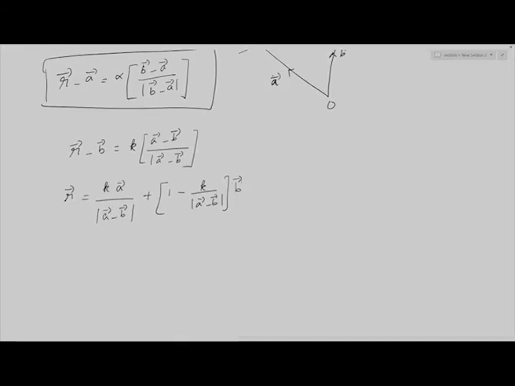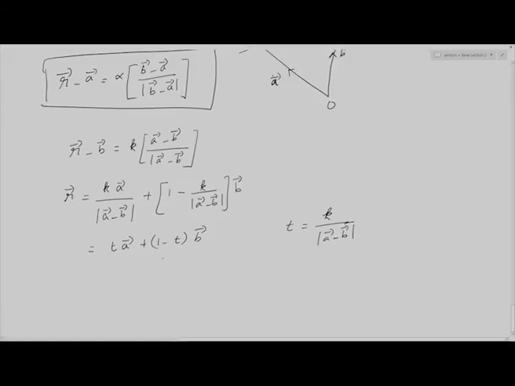Now if I set, I can write t times a plus 1 minus t times vector b, where t is, if I give the substitution, k by the modulus of vector a minus vector b, a real number.